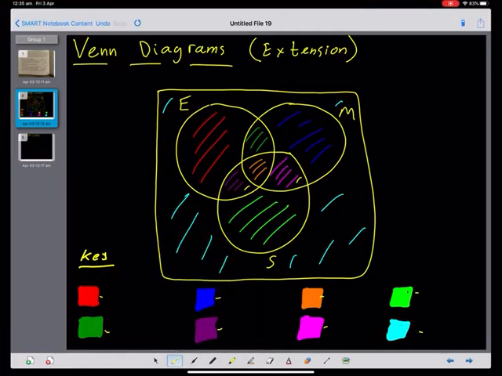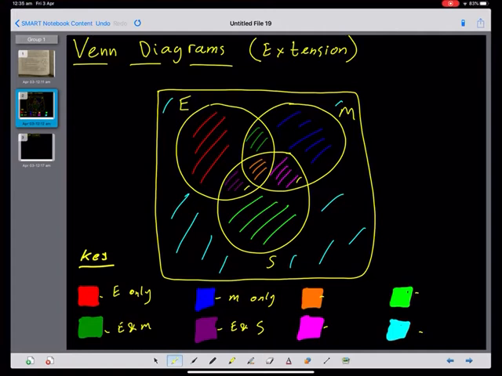So we've got red is English only. We've got green is English and maths. We've got blue is maths only. We've got purple, which is English and science.